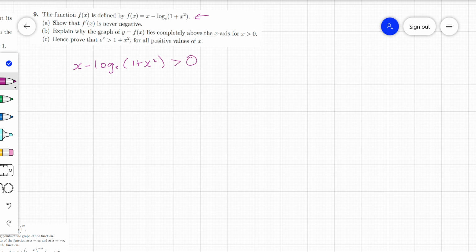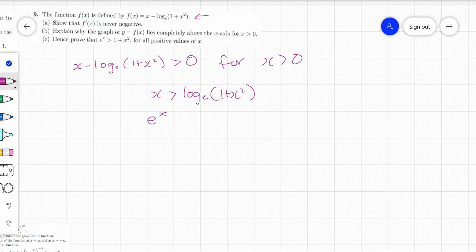It was equal to 0 at x equals 0, but for positive x, it's always going to be greater than 0. Alright, if we rearrange that a little bit and then exponentialize to get rid of the log, that's no problem, so that'll be e to the x.